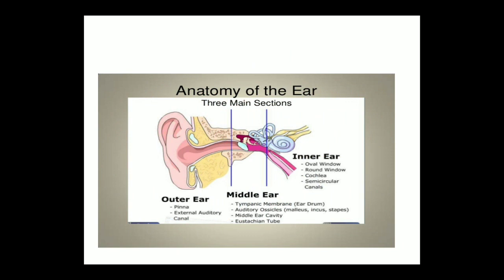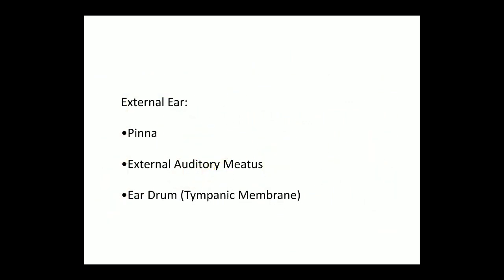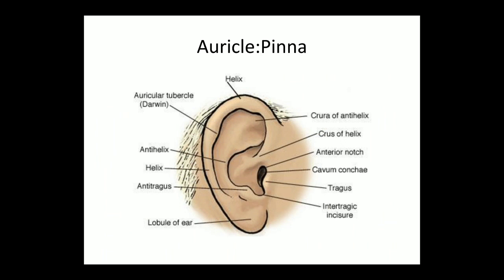So let's study. First we are going to discuss the auricle or pinna. The pinna is formed by yellow elastic cartilage which is covered by skin. The skin and the perichondrium are intimately adherent to each other. The cartilage is absent in the ear lobule.